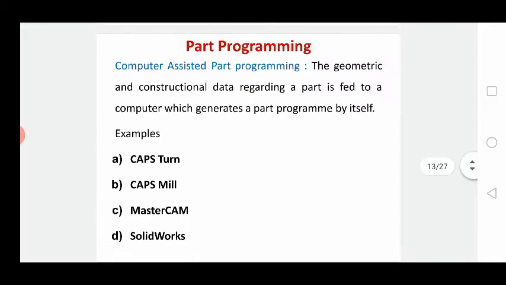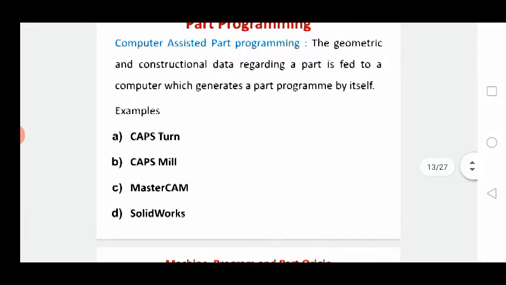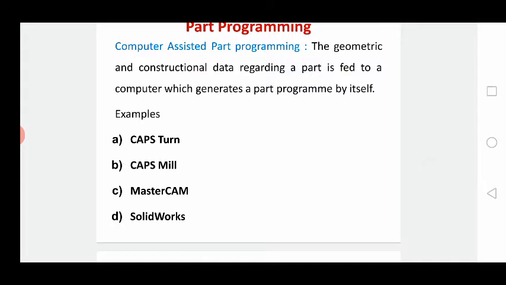In computer assisted part programming, that is computerized part programming, the geometric and constructional data regarding a part is fed to the computer. I mean the design of the component will be there in the computer. According to that, we define in the software what operations have to be done. We have a lot of software; in it we define the operations.